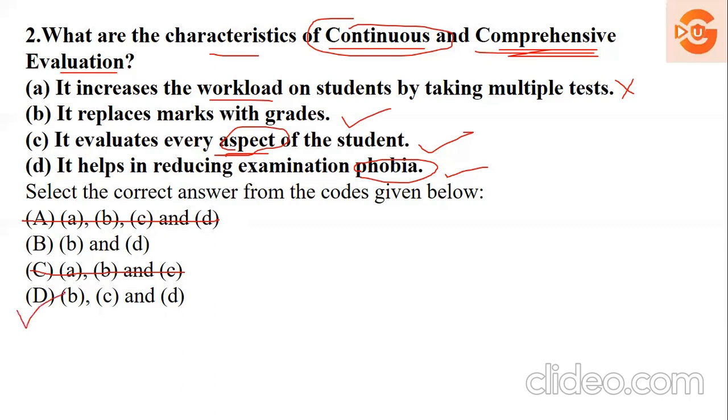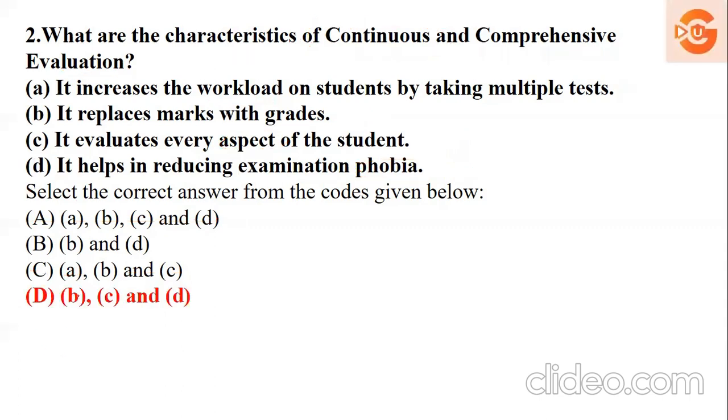So the correct option for this question is option number D.